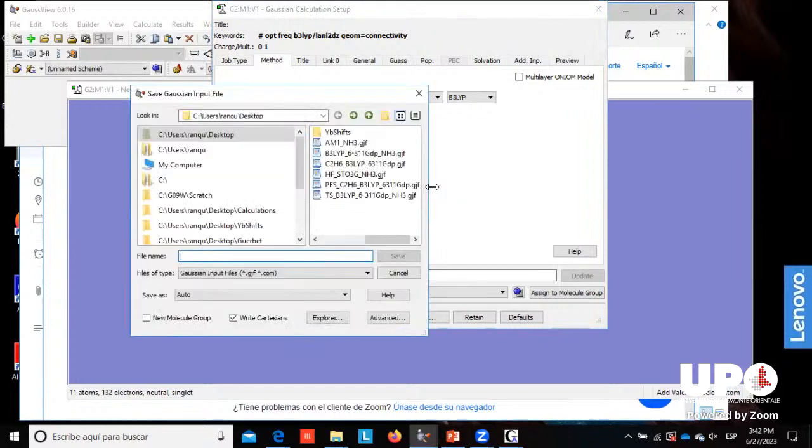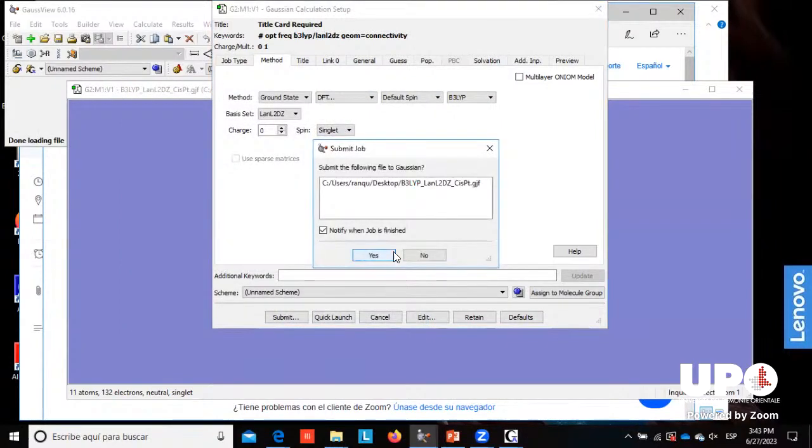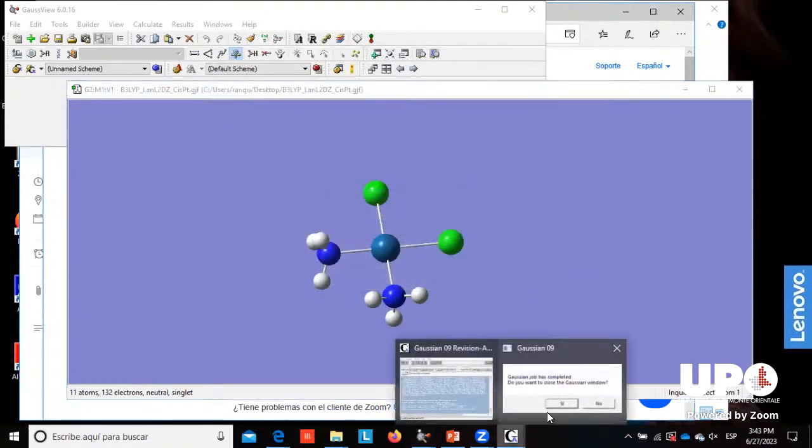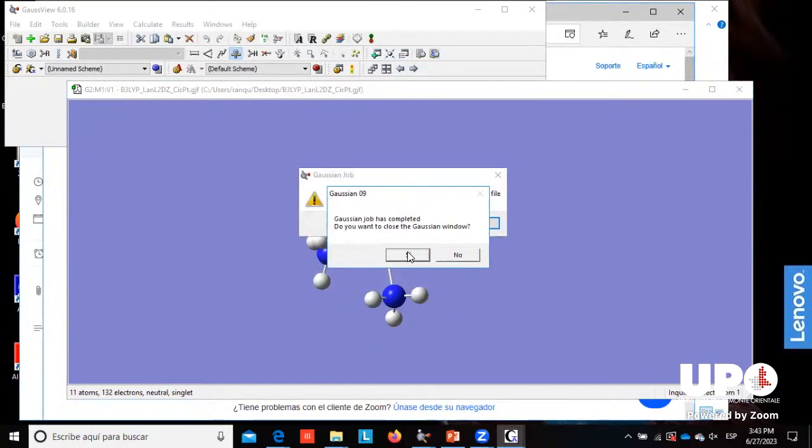Okay, so I will just launch the calculation. So this will be B3LYP, LANL2DZ and cisplatin. Okay, because I'm still running the previous one, the potential energy surface. Actually, it finished.